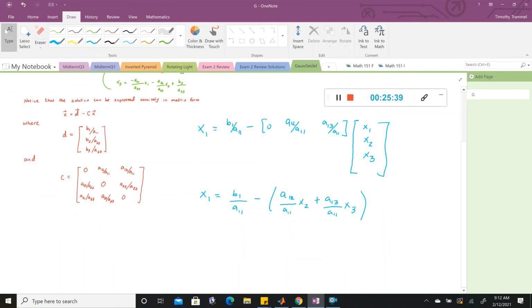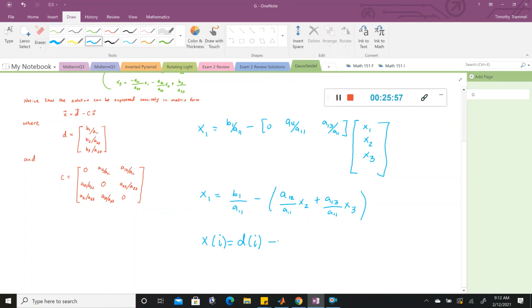All right, but if we were to think about this in general, what did this look like? Well, this looked like x of i is equal to d of i, right? Because this came from d of 1.